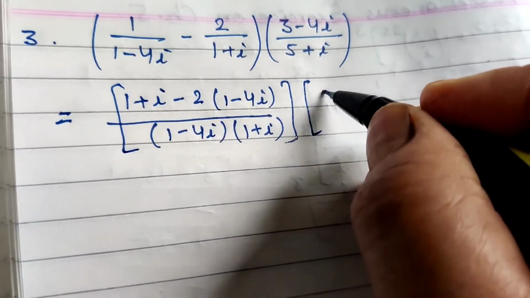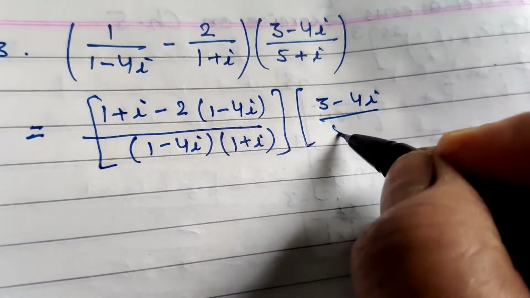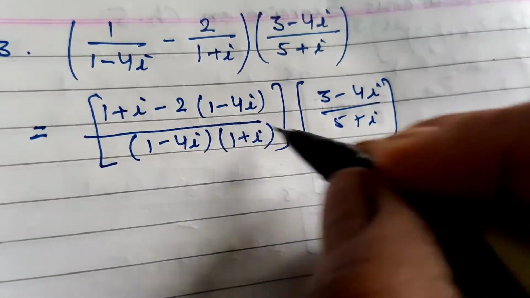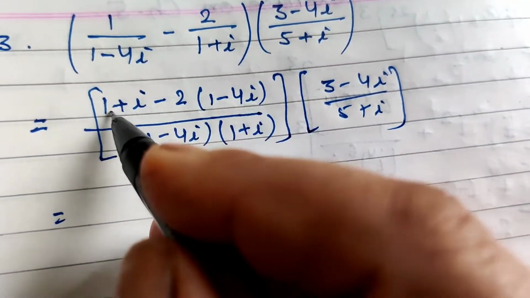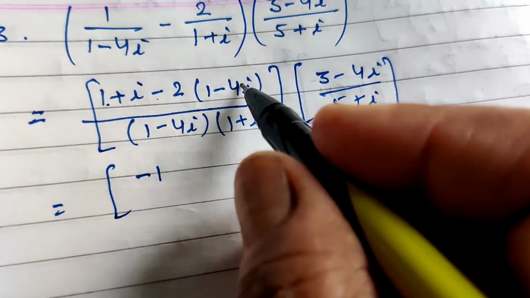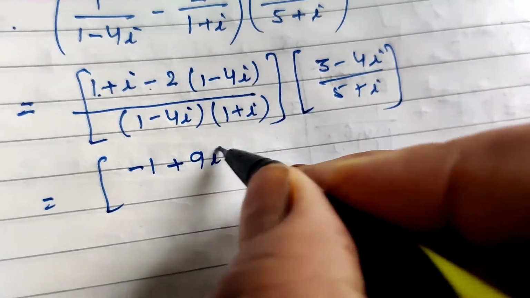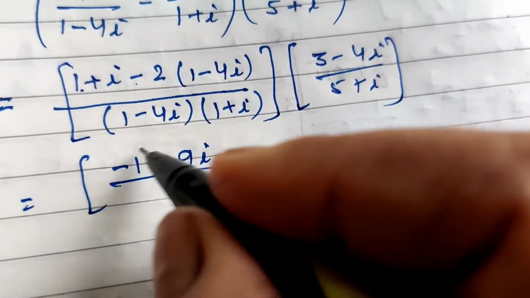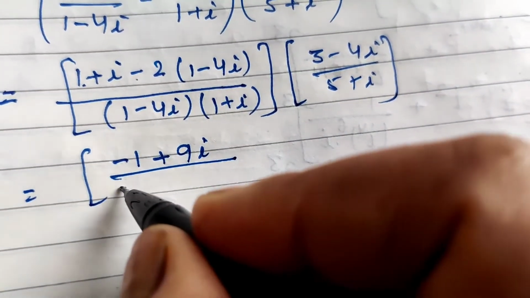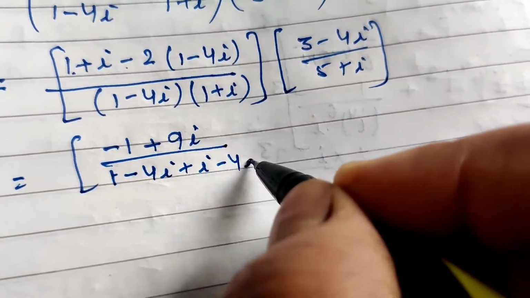Here is the 3 minus 4i upon 5 plus i. Now simplify these two. 1 minus 2, it is equal to the minus 1, and 2 into 4, 8i, plus i, it means 9i. And multiplying these two terms, 1 minus 4i plus i minus 4i square.